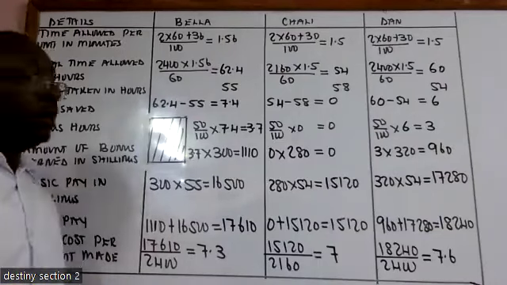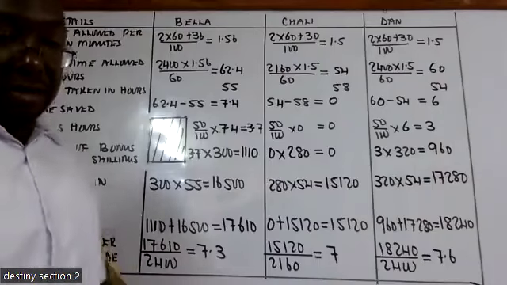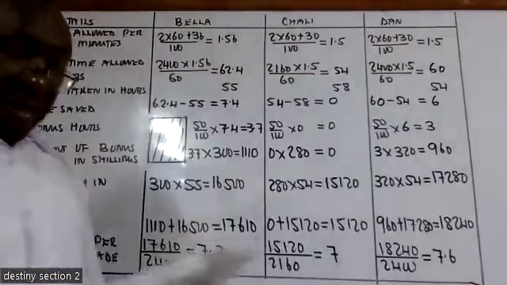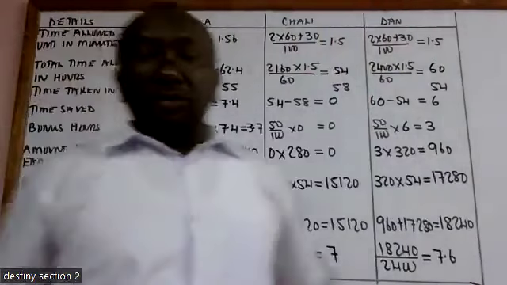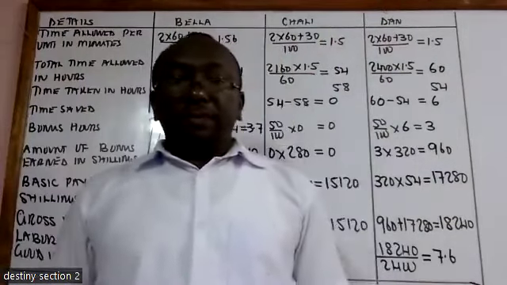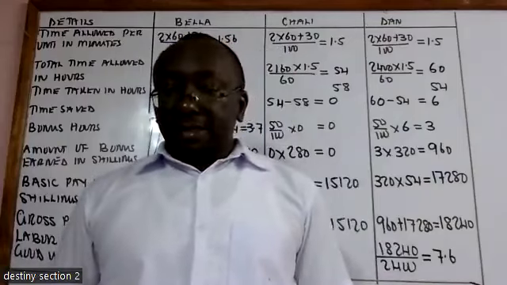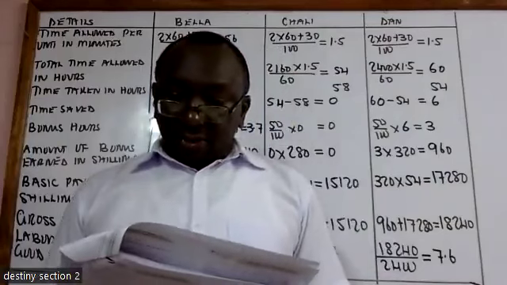So that is how the question is supposed to be handled. Remember, I told you labor cost questions are general knowledge. So we may not really have a very standardized format. It's general knowledge questions.